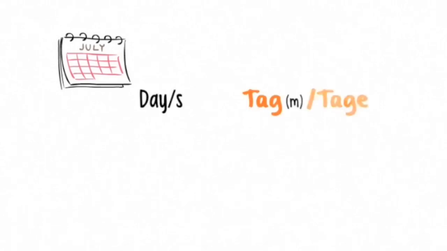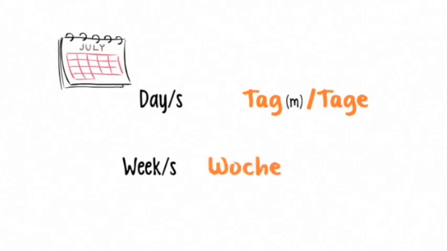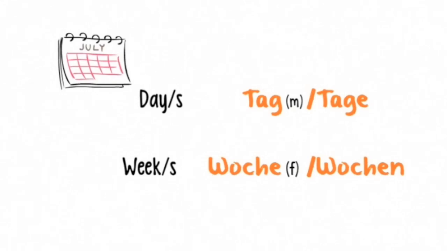Day or days in German is Tag, which is masculine, der Tag. The plural form is die Tage. Week or weeks, Woche, which is feminine, die Woche. The plural form is Wochen, die Wochen. Tag, Tage, Woche, Wochen.